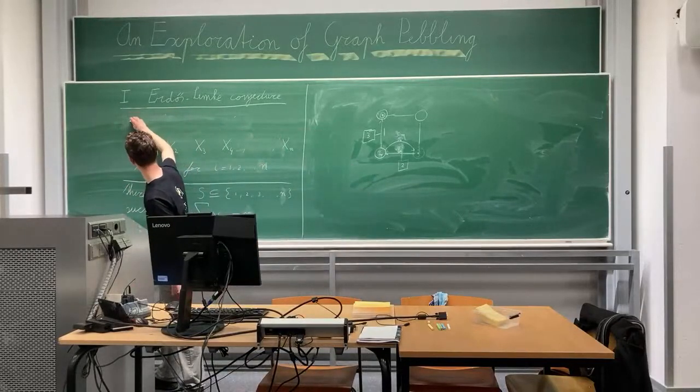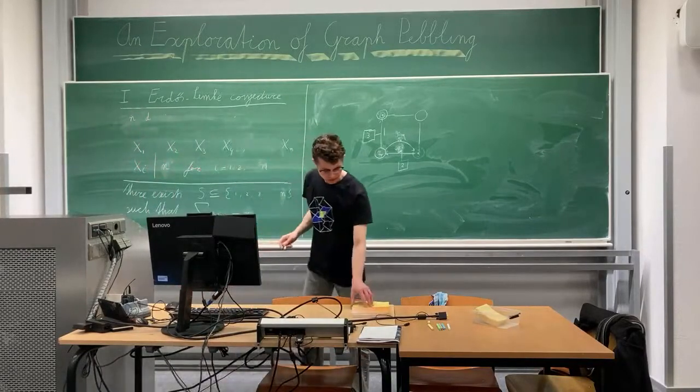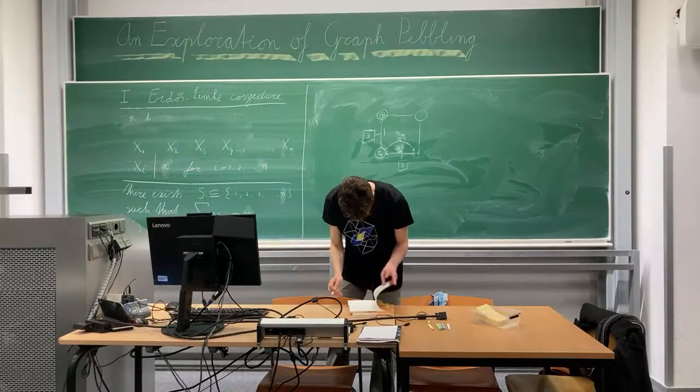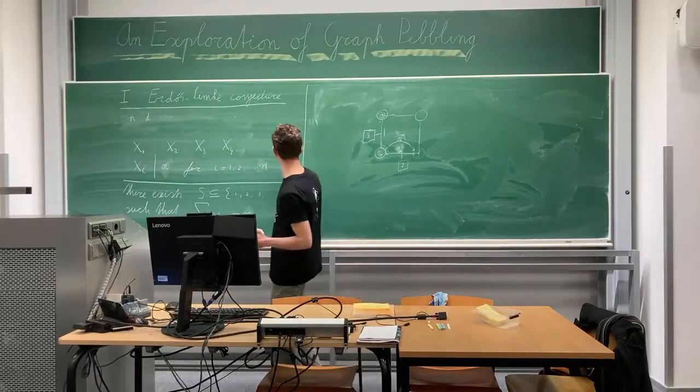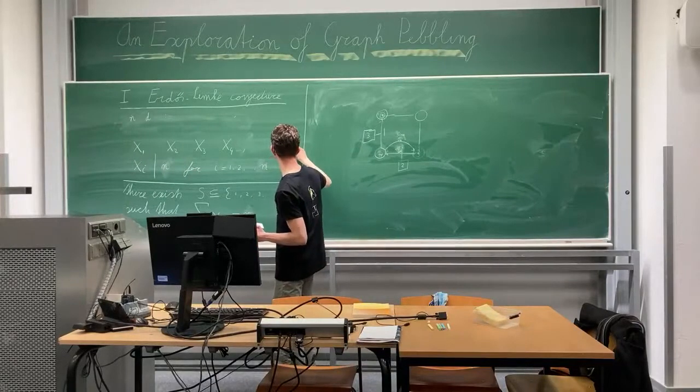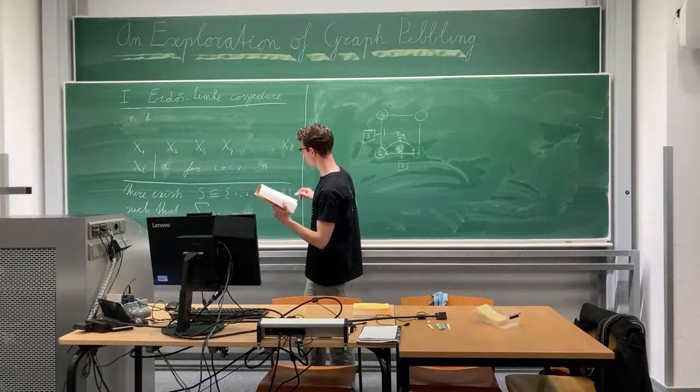So in general, there are two numbers, n and d, and I have to look quickly how it works. Then we have not n integers, but we have d integers. And d is a divisor of n.